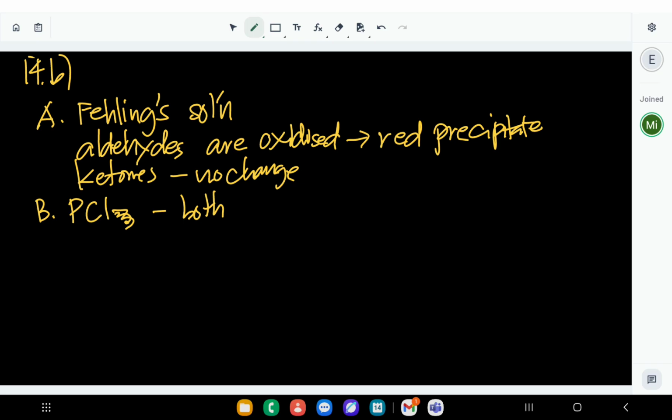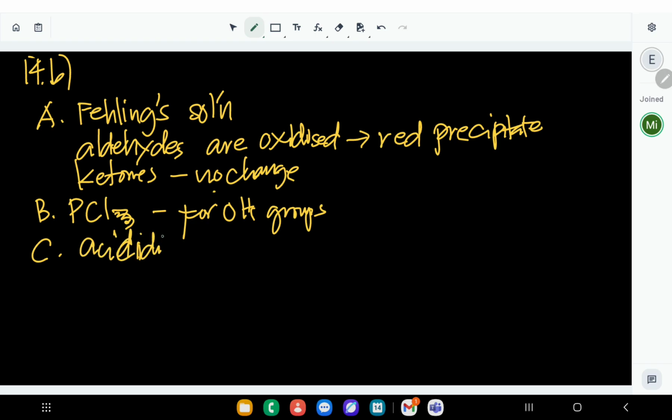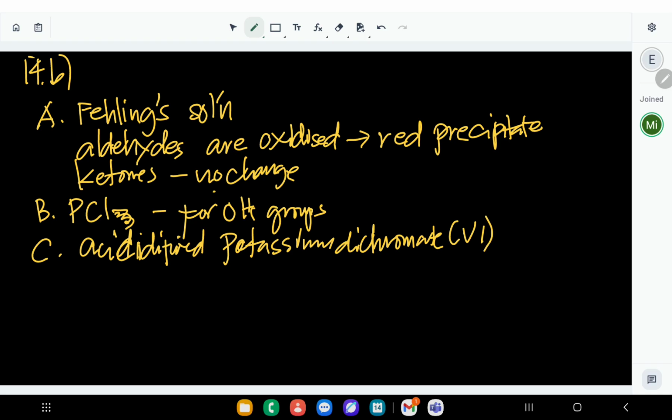Phosphorus chloride is only for hydroxyl groups, such as alcohols and acids. So neither aldehyde nor ketone reacts to give misty fumes. And letter C, we have acidified potassium dichromate. So the aldehyde here is oxidized.